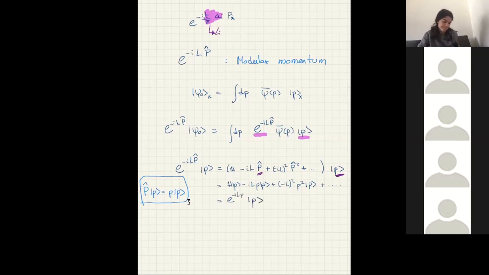Good. So we have that e to the minus i L p acting on the integral dp of the wave function, and now we have here e to the minus i L small p |p>.